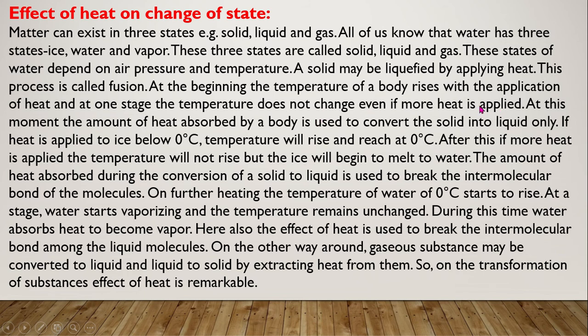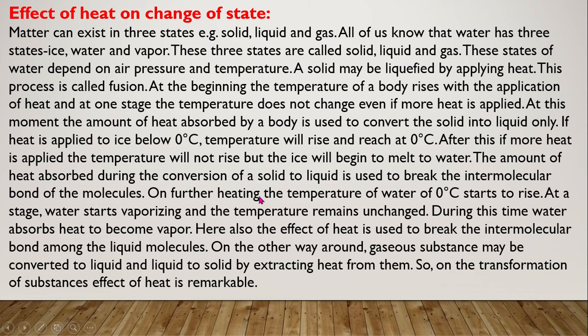So a question may arise in your mind, where does this heat go? At this moment, the amount of heat absorbed by the body is used only to convert the solid into liquid. That means when the solid is turning into liquid completely, the temperature will not rise, but the absorbed heat will be used for breaking the intermolecular bond among the molecules.